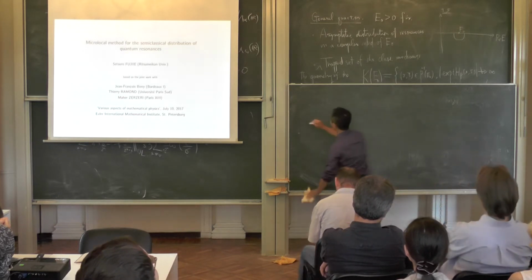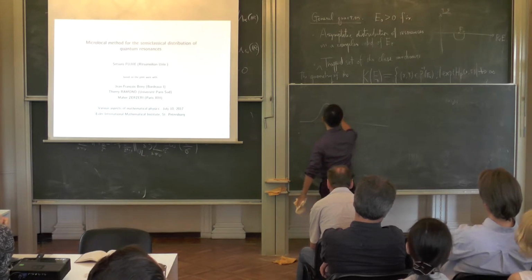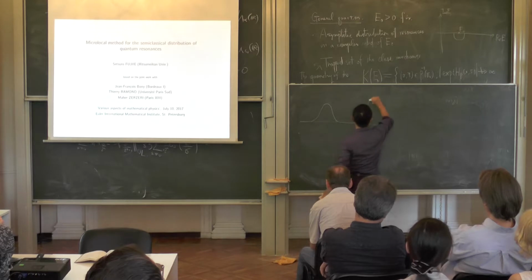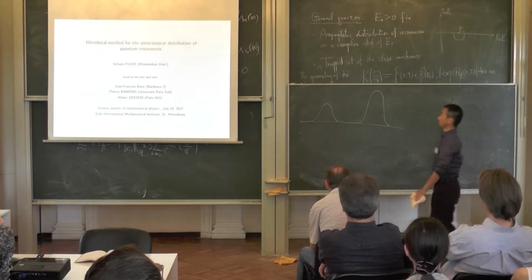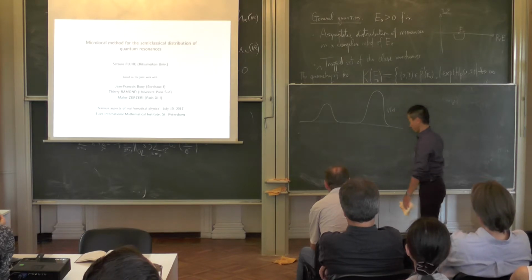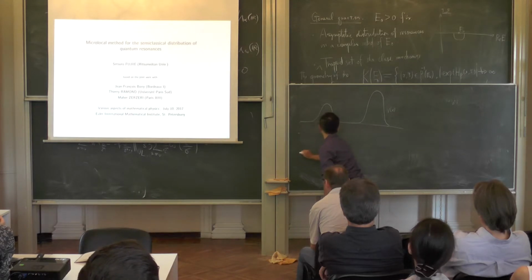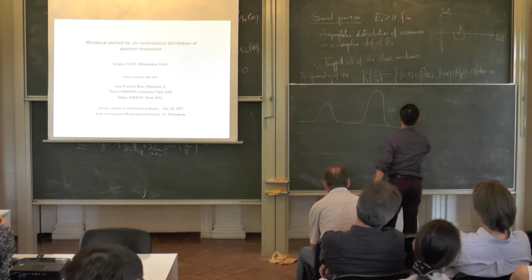So let us take an example of two bands. One is big and one is small. Okay, this is the picture of p. Then, in the phase space, this is this.